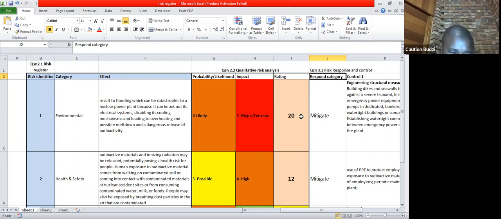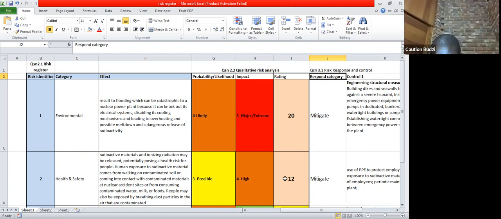It's very possible that there's risk of health and safety issues on a nuclear power plant. And if these risks occur, the impact will be high. So a scale of 3 multiplied by a scale of 4, the rating will be 12.